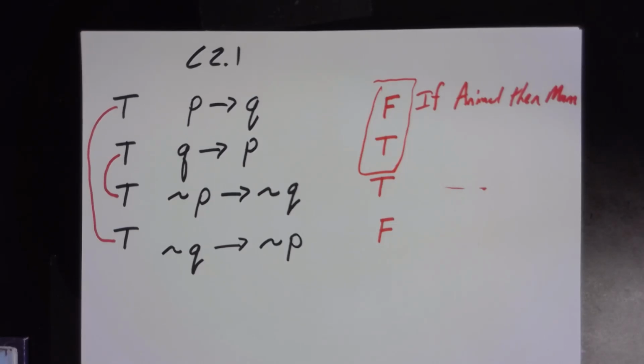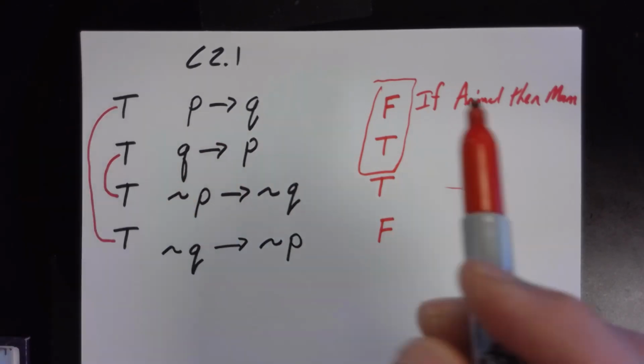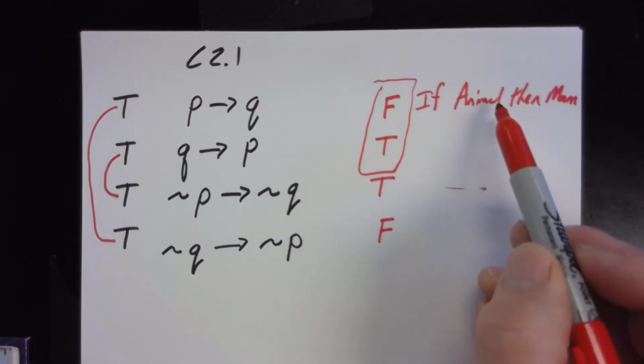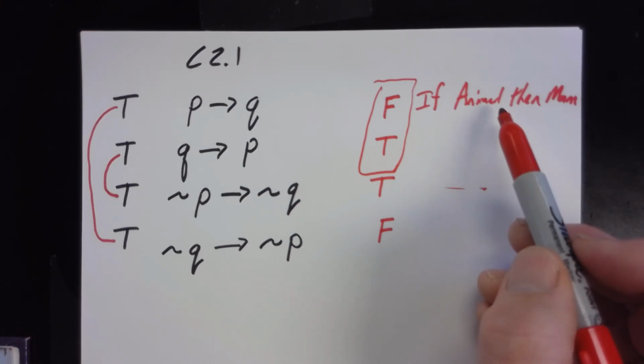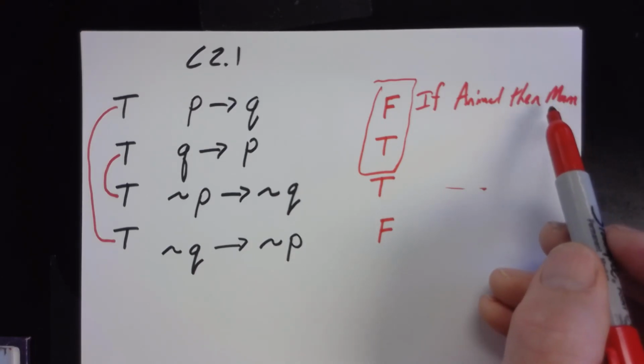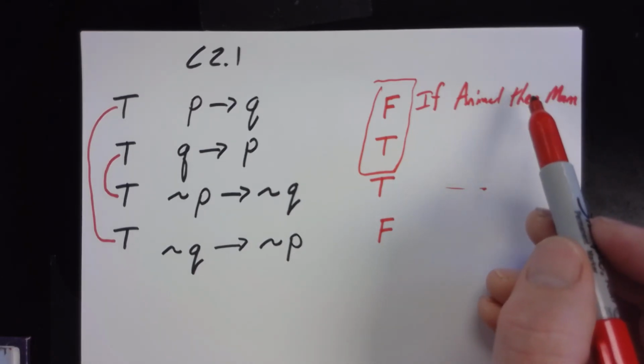Who's got another one? Farley? If you lay eggs, then you are a hen. And you're saying that's false? Yeah, but don't turtles lay eggs? Frogs lay eggs. Insects lay eggs.